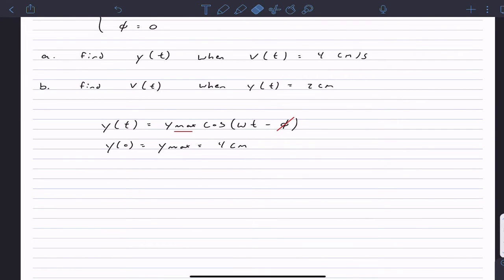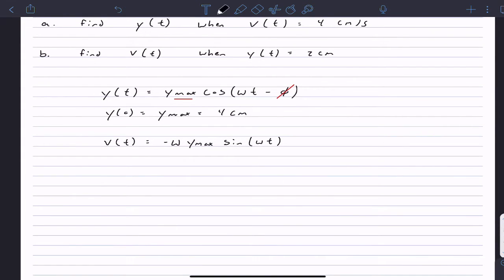We can also consider that for pretty much any v of t in an oscillation problem like this one, we have v equal to negative omega times y max times sine omega t, because our initial phase is 0, so that throws the phase away.